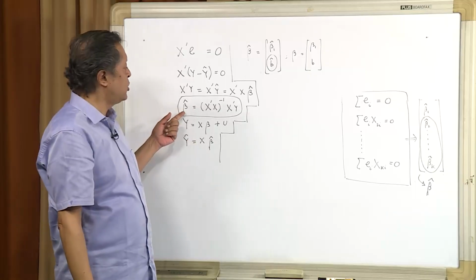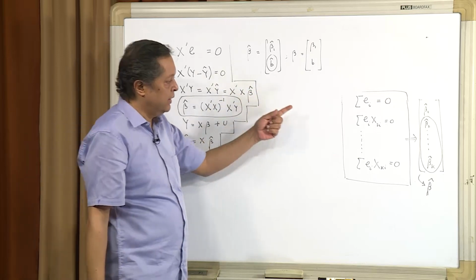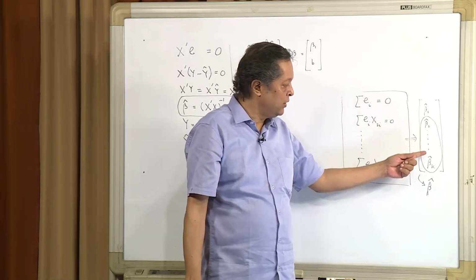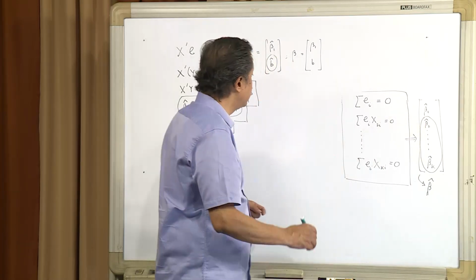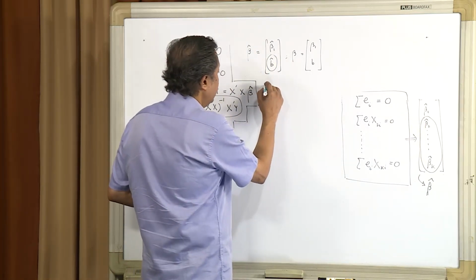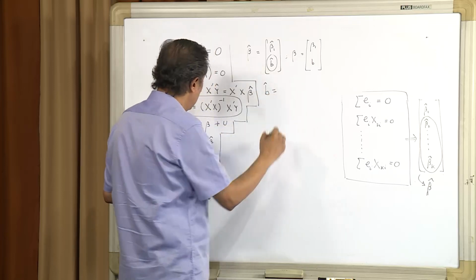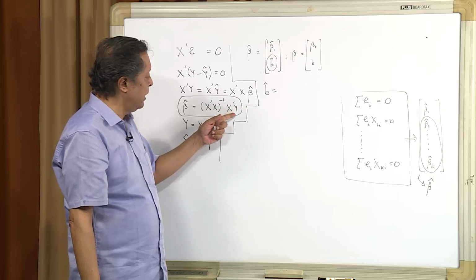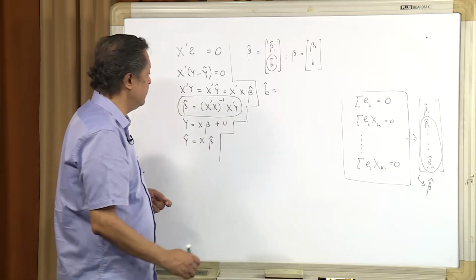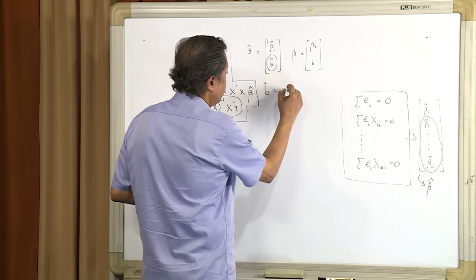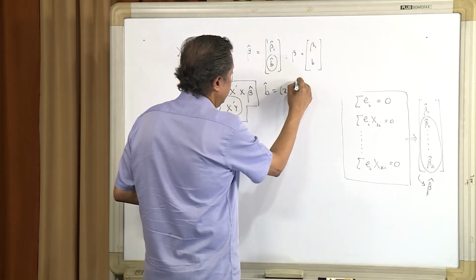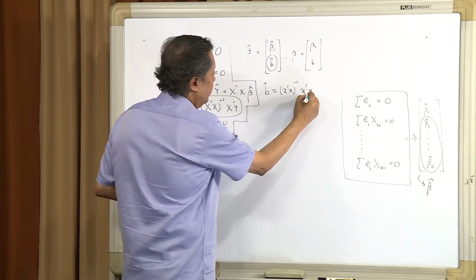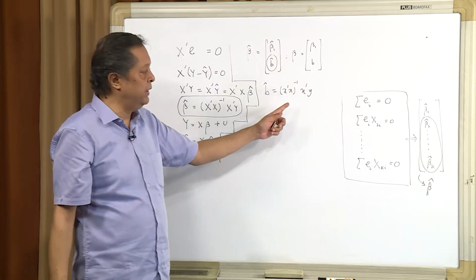Analogous to beta hat, we get the estimate of the vector of coefficients beta 2, beta 3, up to beta k, estimated as b hat is equal to, just note the similarity, the same expression but only in deviation terms. That is small x prime x inverse small x prime y. When we write small letters, these are in deviation form.